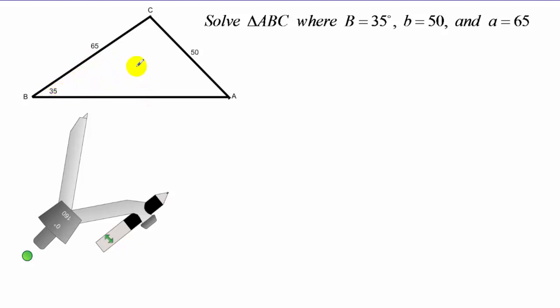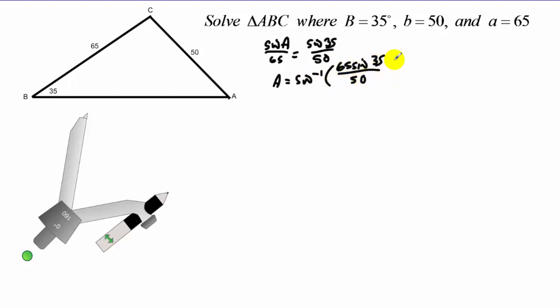We'd have to use a law of sines to calculate A. So I know that sine of A over 65 is equal to the sine of 35 over 50. So A, just like in our previous problems, is equal to the inverse sine of whatever 65 sine 35 over 50 equals.